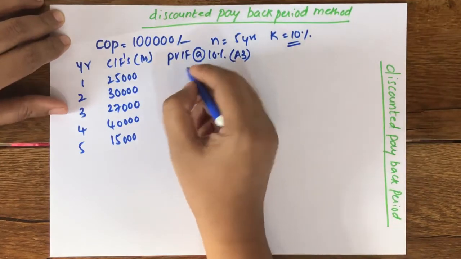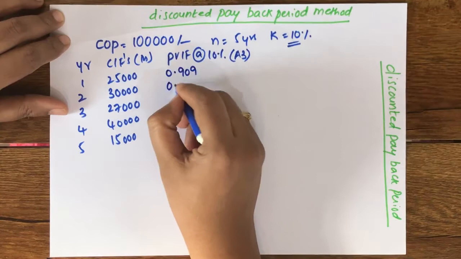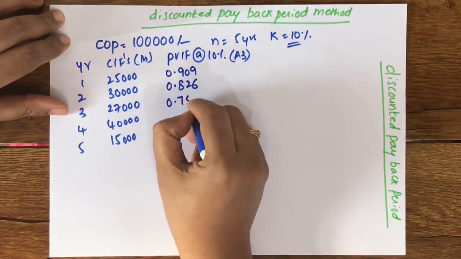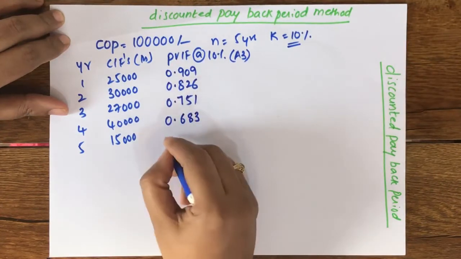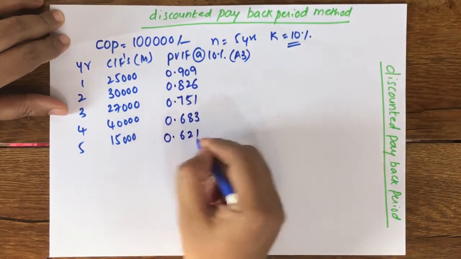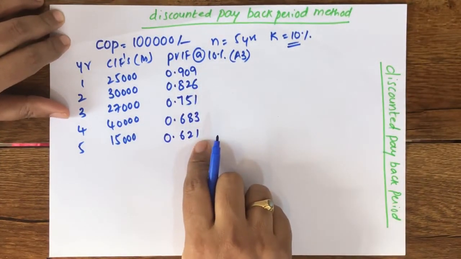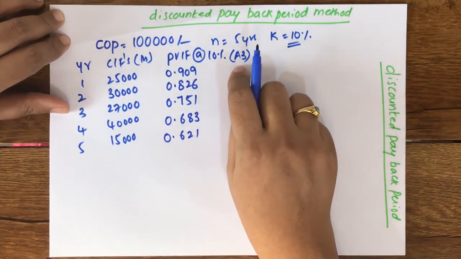So let us write down 0.909, 0.826, 0.751, 0.683 and 0.621. These are all the present value interest factors according to table A3.